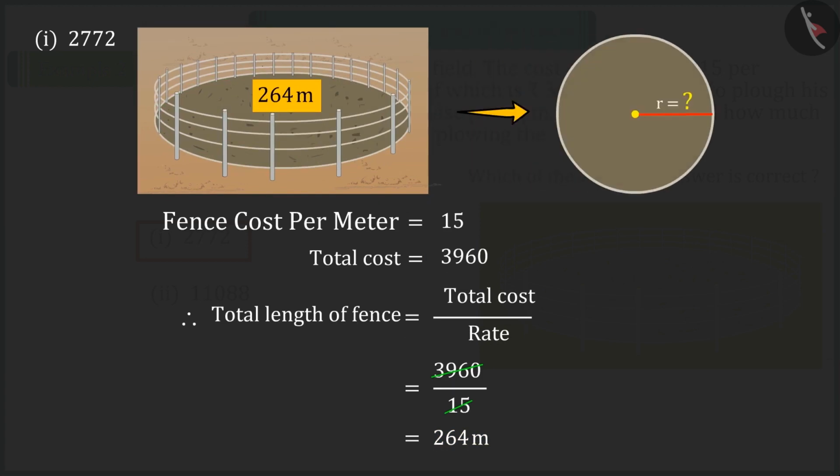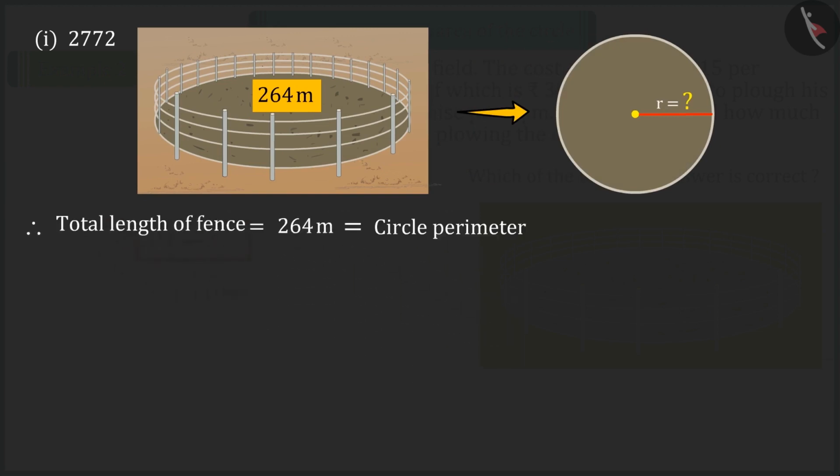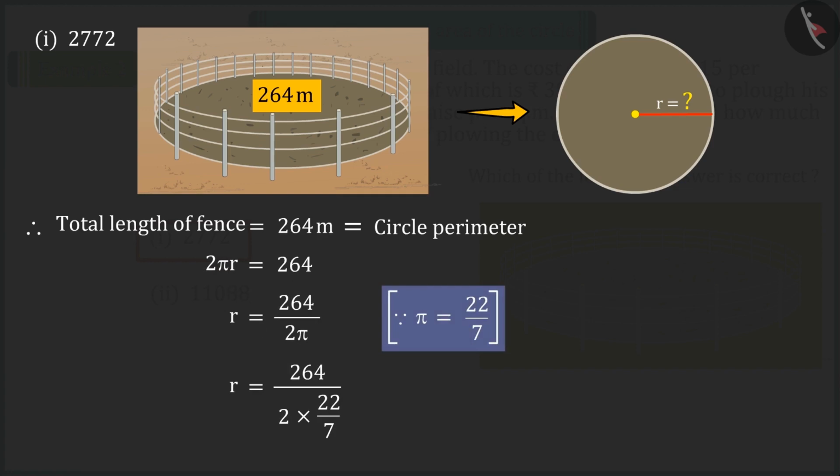So now, can you find the radius of a circular field? Absolutely correct. To find the radius, we will take the help of the formula of circumference of the circle. Which, when solved, gives a value of radius that is 42 meters.